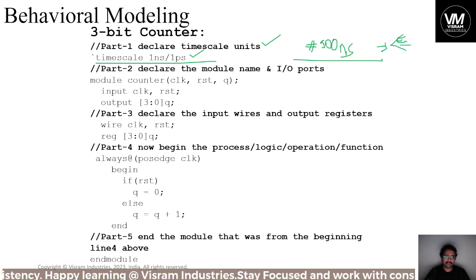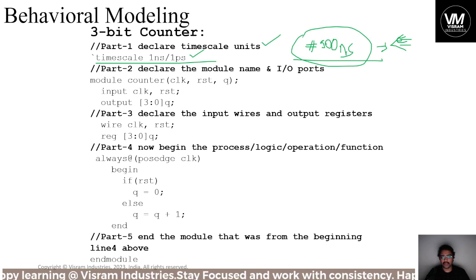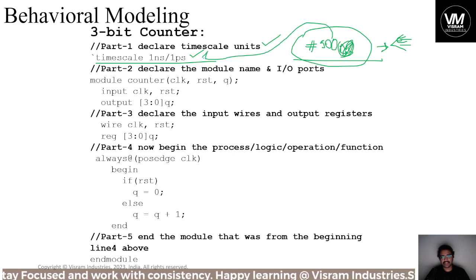So for doing some operation, you have to give some hold or time delay to make a simulation happen. You don't need to mention ns. #500 will be taken as 500 nanoseconds because of this timescale unit declaration.